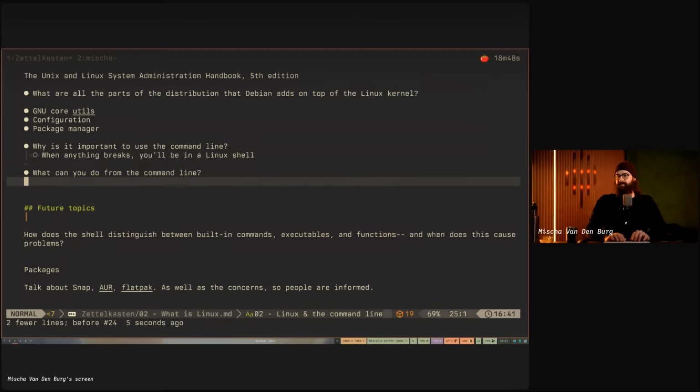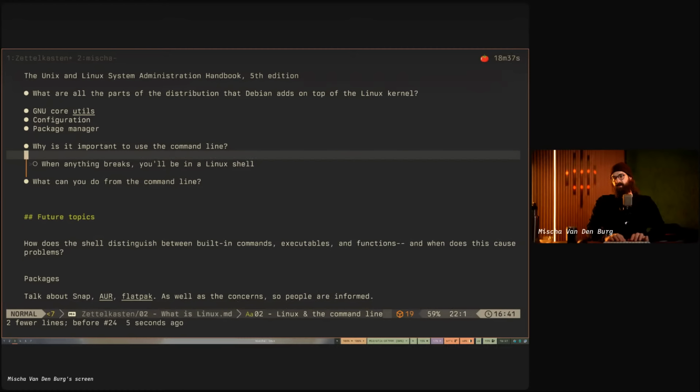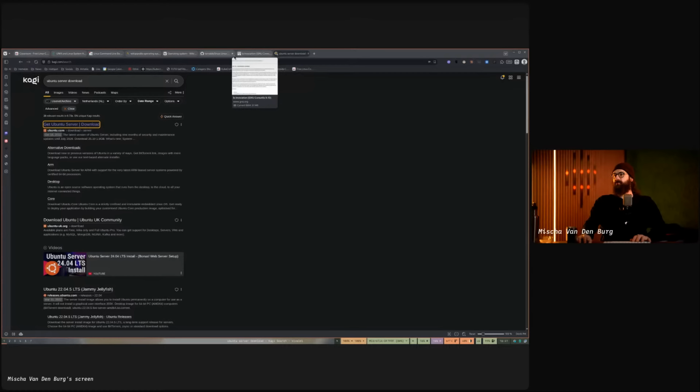The reason I wrote that down is related to why it is important to use the command line. So which question should I do first? Why or what?